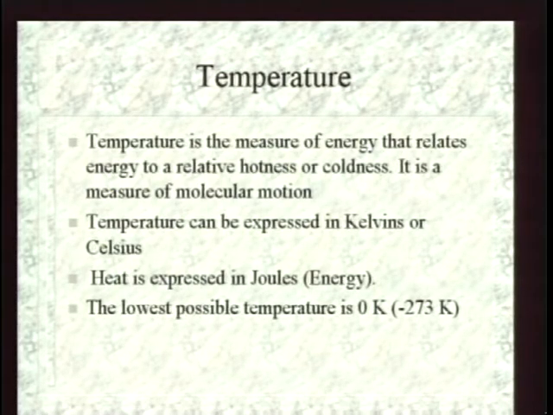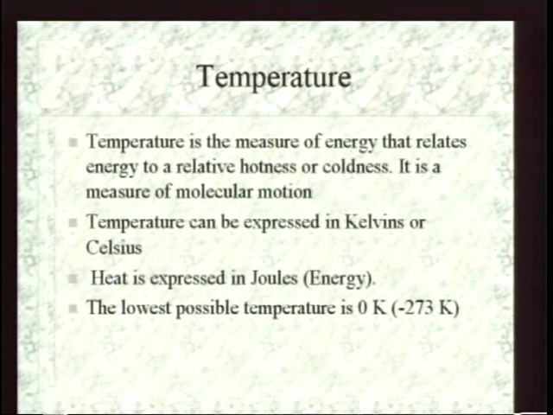The temperature can be expressed in kelvins or Celsius. When we're solving the thermodynamic equations, it's most common that you'll be using the Kelvin temperature scale since it's an absolute temperature scale.